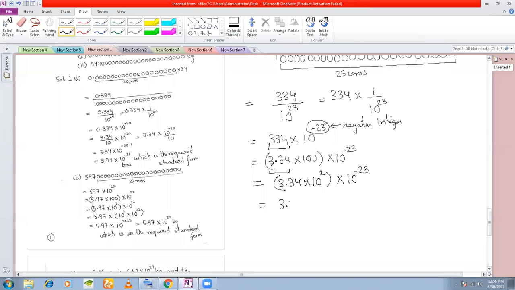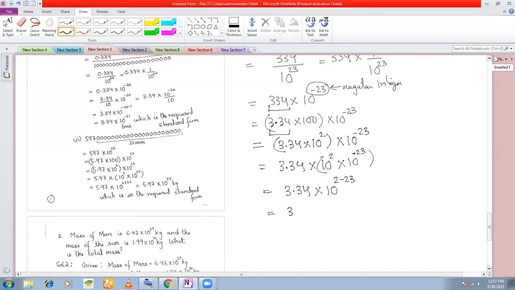So now what happens? 3.34 into 10 square into 10 to the power of minus 23, right? Now the bases are same here. That means 3.34 into 10 to the power of 2 minus 23. That means you get 3.34 into 10 to the power of minus 21, which is in standard form.